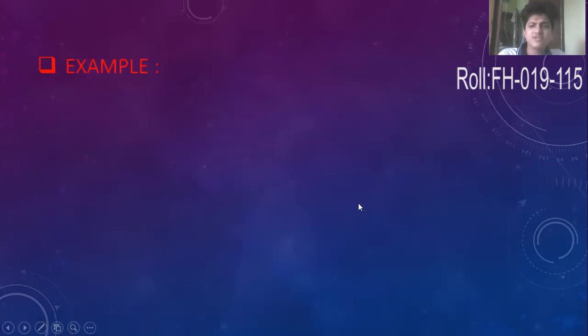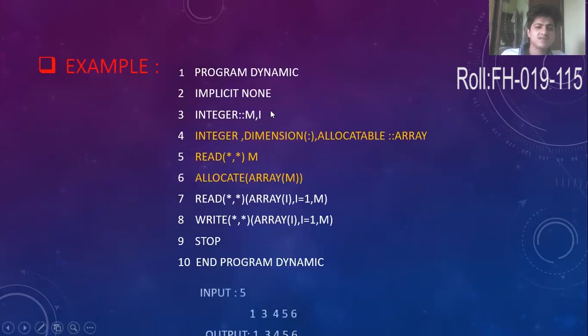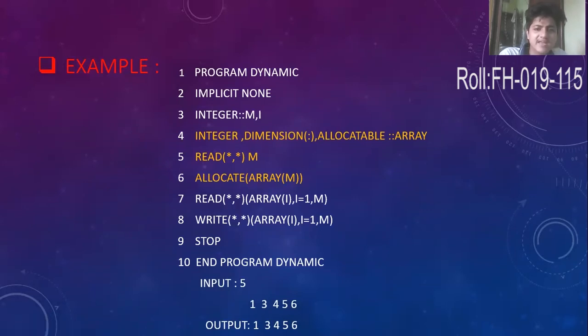Now I'm going to show you an example of dynamic memory allocation. This is a simple code of a dynamic array, taking input and showing output. Now, what is the specialty of this code? Yes, you are right. The specialty of this code is line number 4.